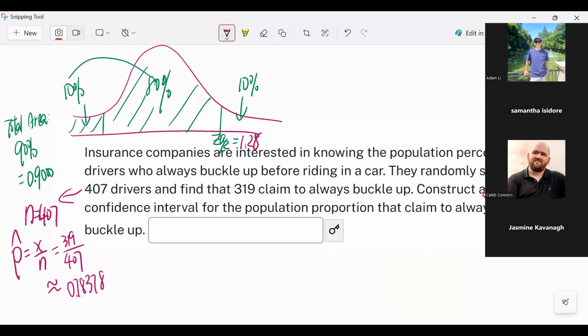So we know p-hat and q-hat will be complements. P-hat is going to be 0.21622.